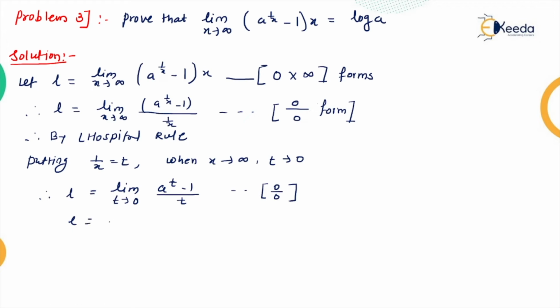So L is equal to the limit as t tends to 0 of the derivative of a raised to t, which is a raised to t into log a, minus the derivative of 1, which is 0, divided by the derivative of t, which is 1.